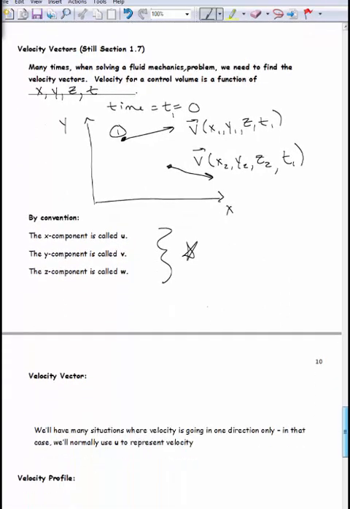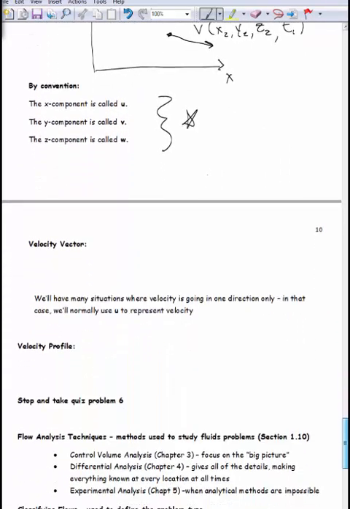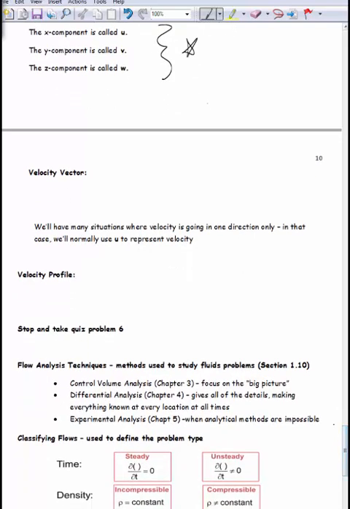So if you take that u, v, and w, and break your velocity vector into its 3 components, what that means is your V is equal to u times i plus little v times j plus little w times k. So that's your velocity vector.